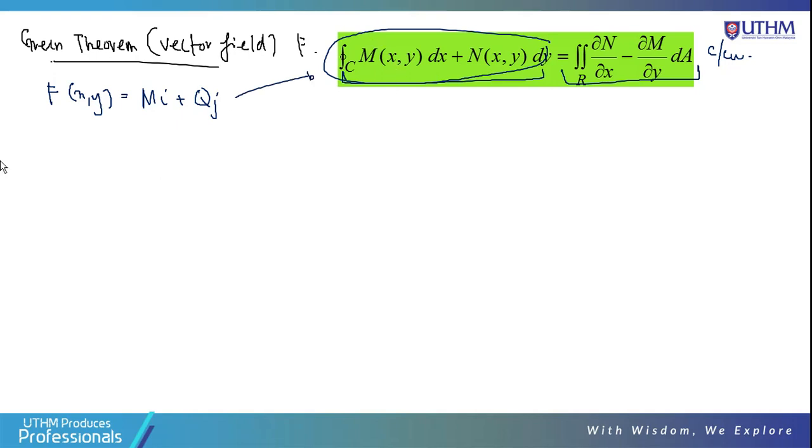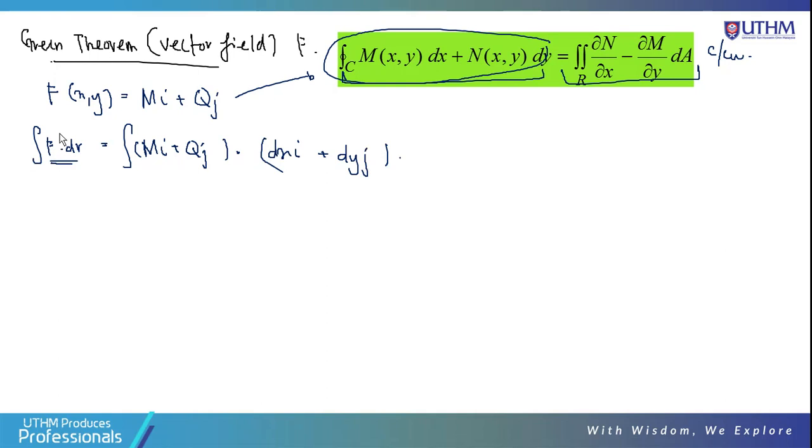So you know for the line integral F dot dr, so you tahu F dot dr equal Mi plus Qj. Okay, dot dengan dxi, partial derivative respect to the x plus derivative respect to the y. Okay, so barulah you dapat bentuk dalam F dot dr.